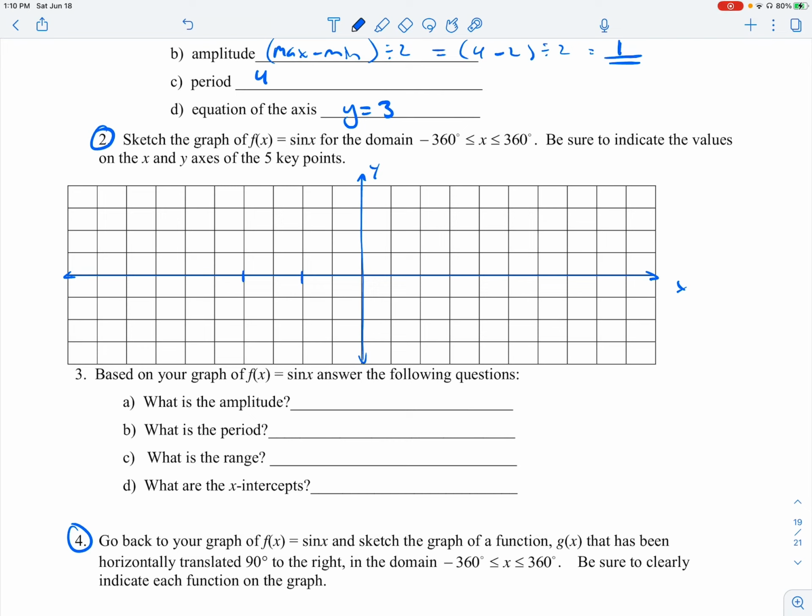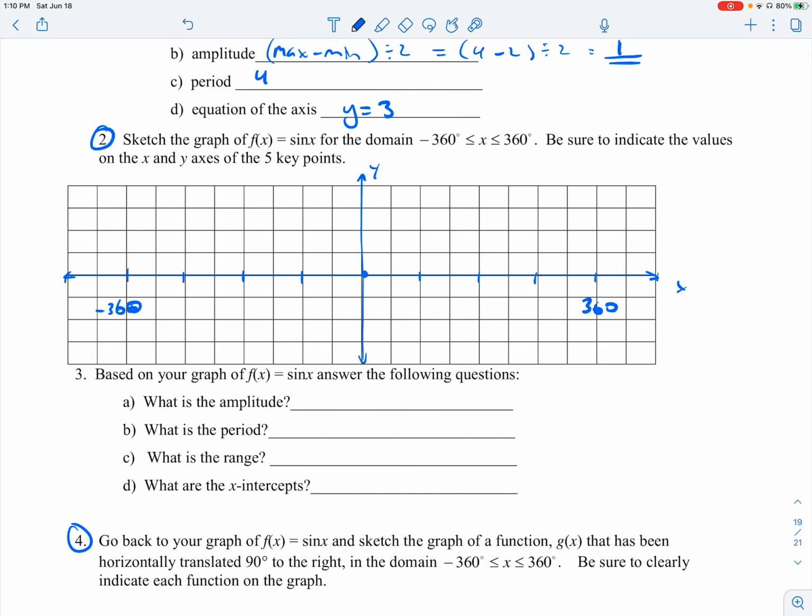So I'm just going to kind of label these in increments of 2, just to help me see how many there are. So there's 1, 2, 3, 4, 5. 5 times 2 is a total of 10. Okay, so I could put positive 360 here, negative 360 there.